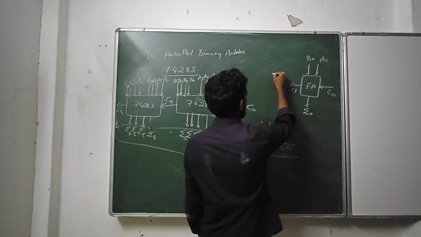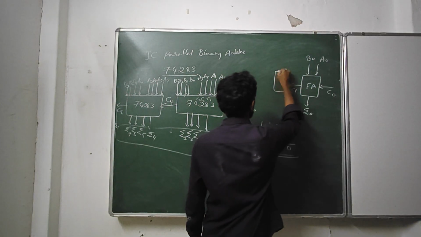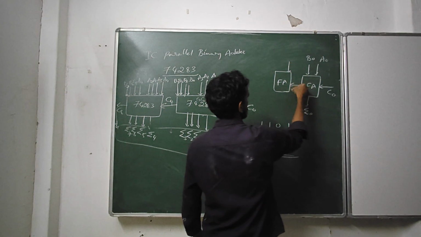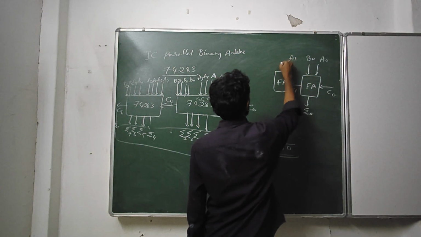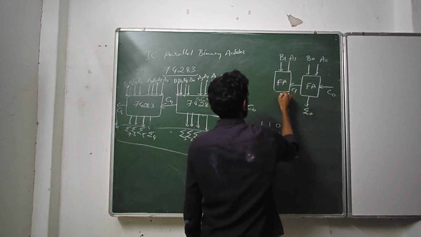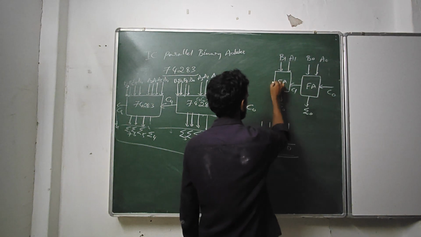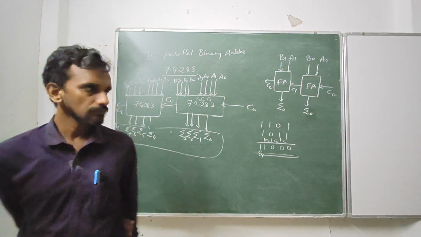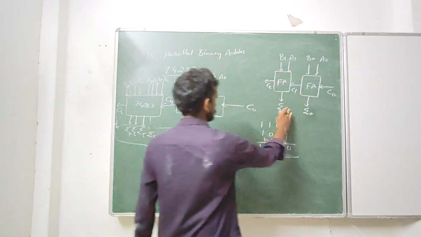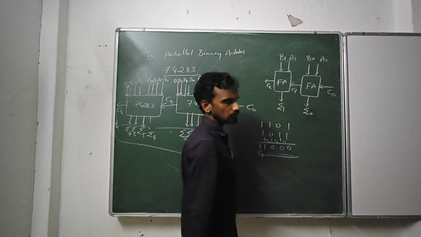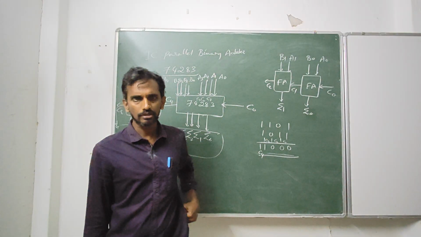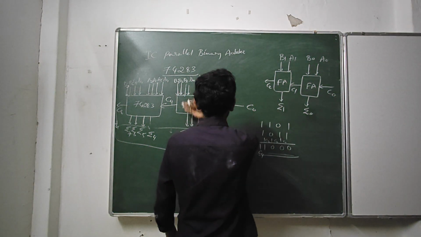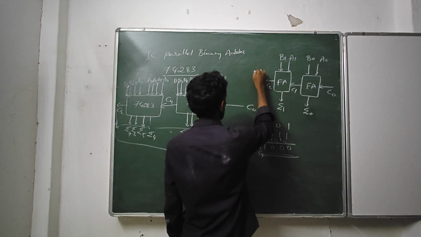So this carry will be forwarded to the next full adder. Next full adder takes C1 as input, A1 and B1 as inputs, and it generates sigma 1 as output and C2 as output. So you can continue to any number of levels you want, let's say for 4 levels.